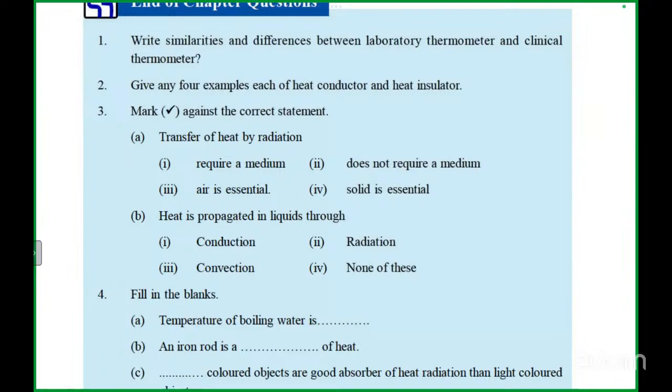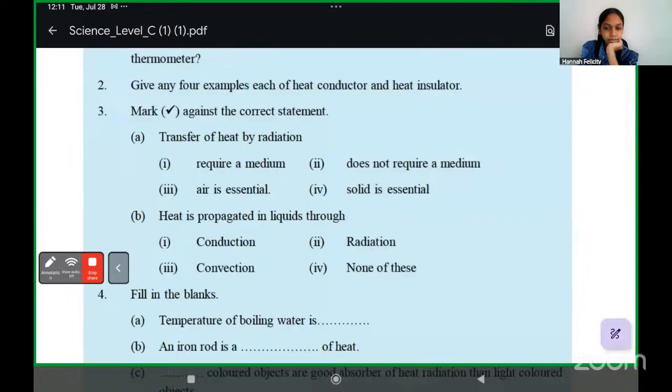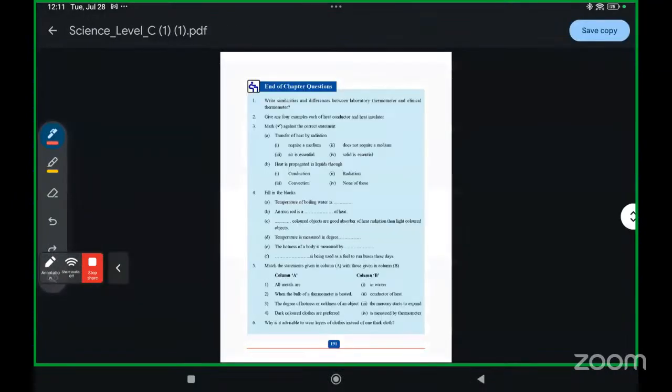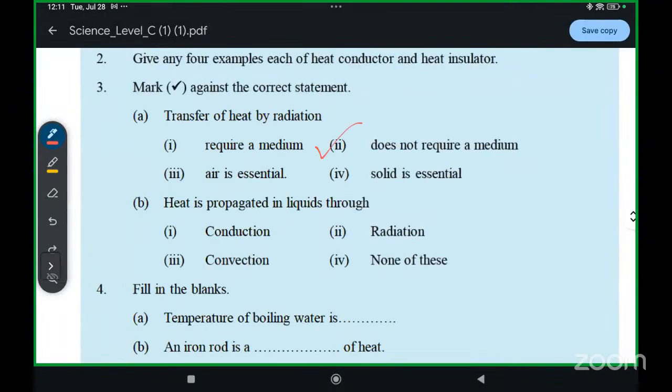Abhijah, are you there? Ma'am, I'm here, but I'm not sure. Anybody else? Ma'am, it does not require a medium. Correct, Hannah. It does not require a medium.